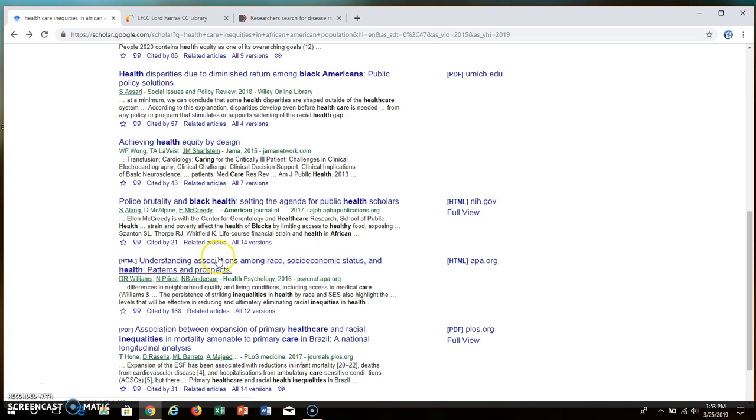So this is a good one, understanding associations among race, socioeconomic status, and health.